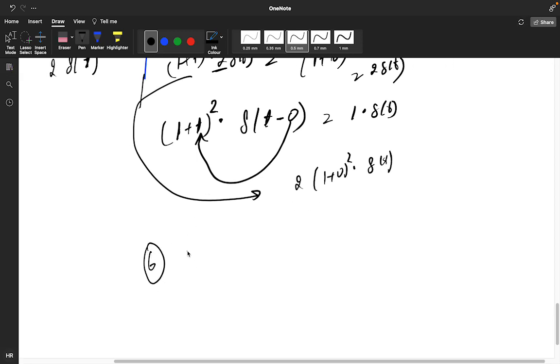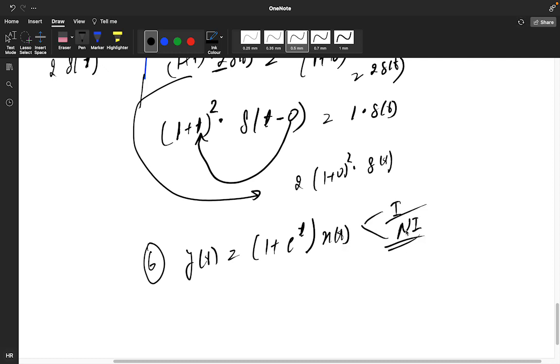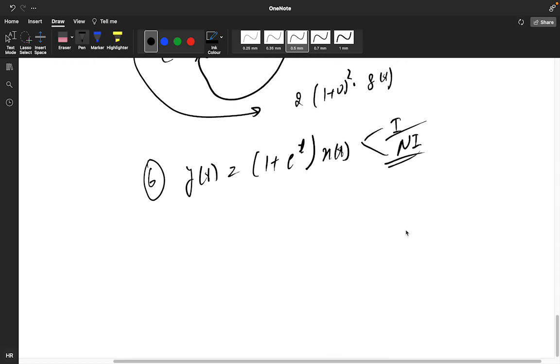Your homework you can do. y of t is equal to 1 plus e power t x of t, invertible or non-invertible? Do it by yourself. So this was the concept of invertible and non-invertible system. Now we will go for stable and unstable system. So how are we checking stability and instability? Any idea?